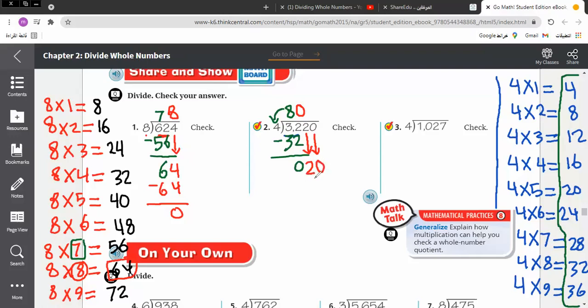Now we have 20. 20 divided by 4. How can we get 20 from table 4? 5, exactly. So we need to write 5 here and then multiply 5 by 4. What's 5 times 4? 20. Then do subtraction.